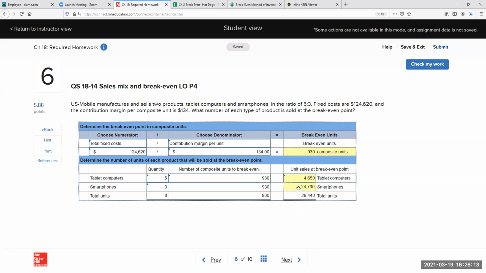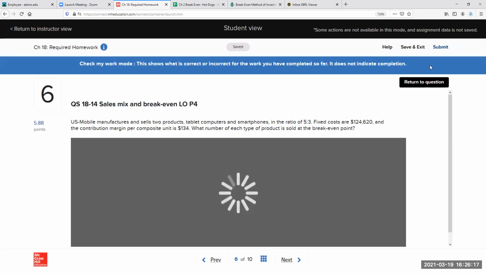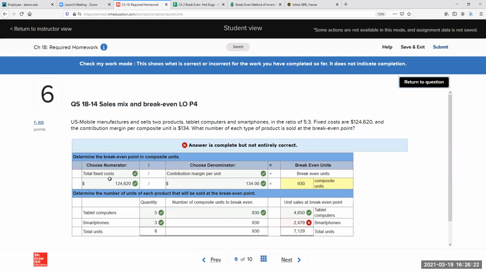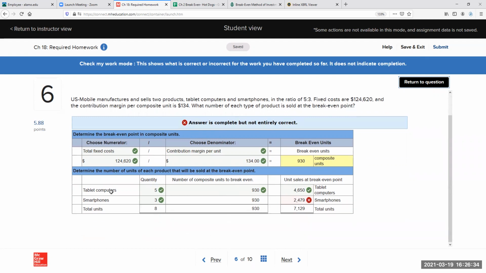Let's check now. Over here, I put fixed cost per unit. It's total fixed cost. And 930 times 3 is 2790. See, I entered it wrong again. It should be 2790. So my algebra is wrong. Fix that and we'll be okay there.